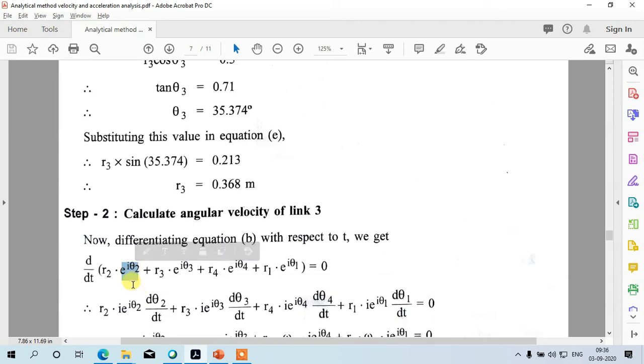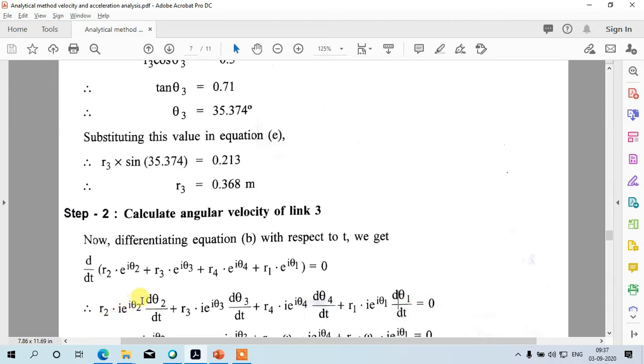It will be e raised to I theta 2 into I, and the differentiation of theta 2 will be d theta 2 by dt. Okay, simple differentiation. Then move towards the next term, r3 e raised to I theta 3 d theta 3 by dt. Similarly, the same procedure is for r4 and r1.